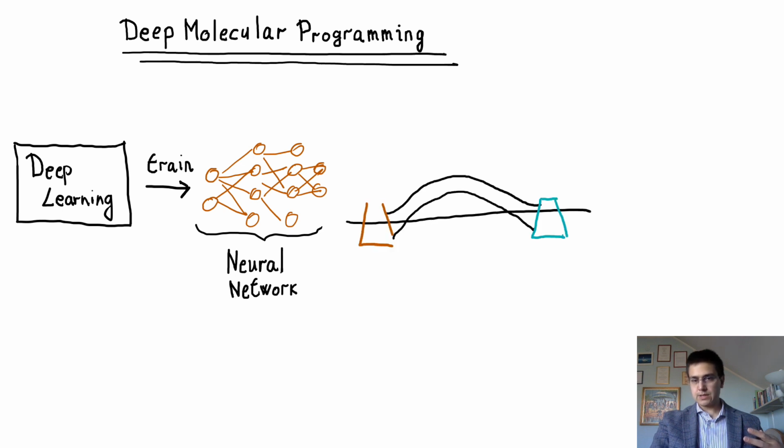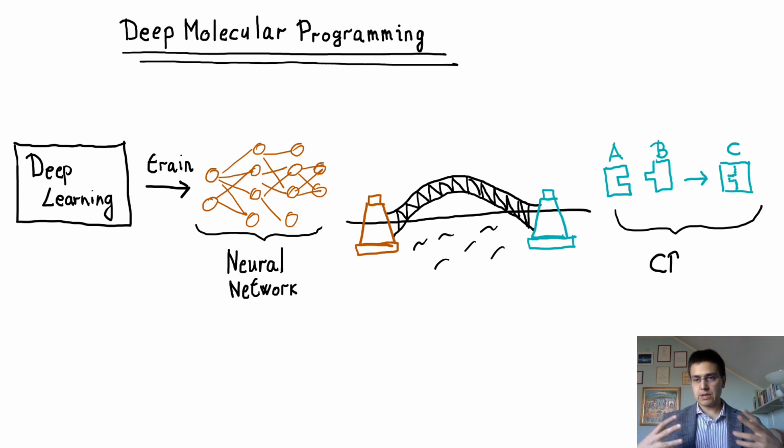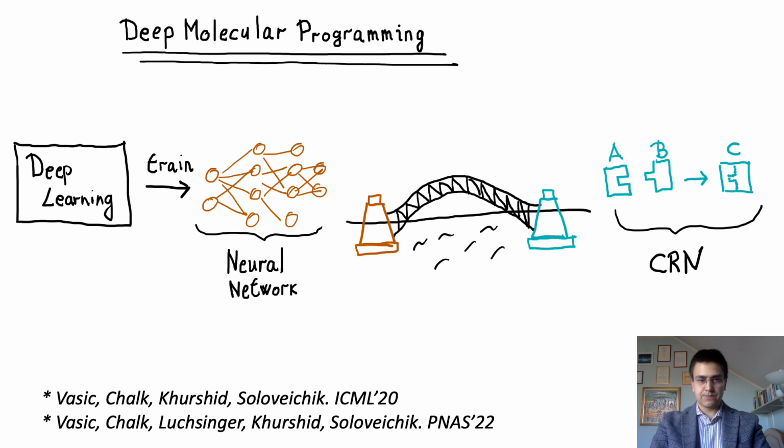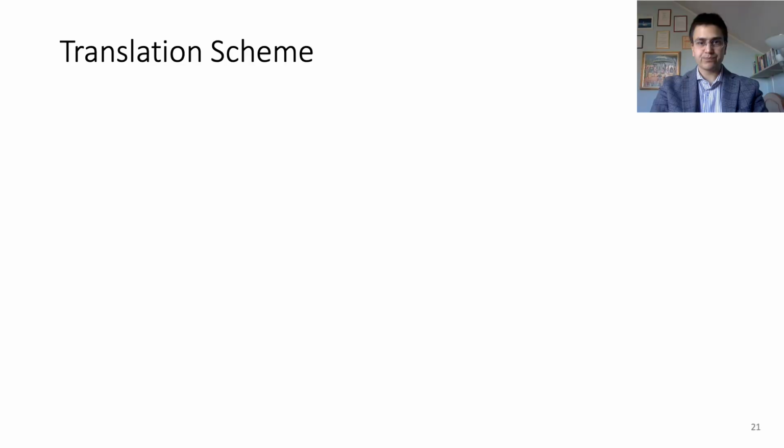Then we can utilize the bridge and jump over from a neural network to a chemical reaction network that has equivalent behavior. But what does this bridge consist of? Let's see that. This is part of our ICML and PNAS papers.